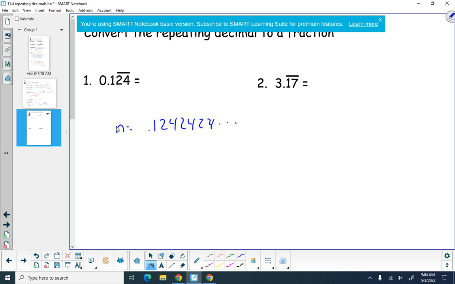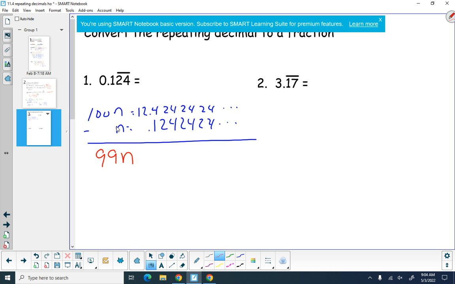Go ahead and subtract down. So we have 99n is equal to 12 point, these two fours all cancel out.